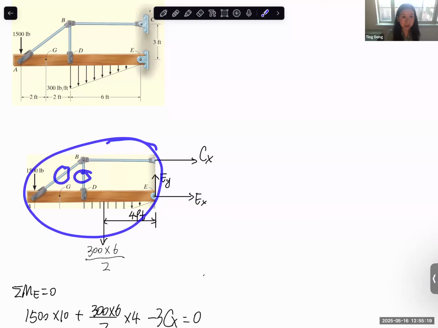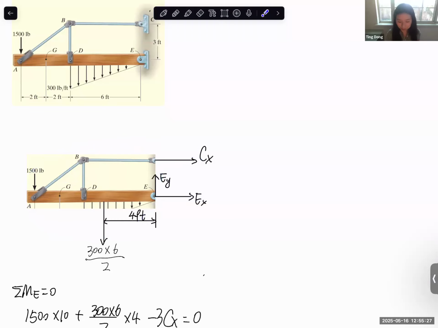The forces here are the internal forces. I originally wrote this one as FBC, but I changed it to Cx because I don't want you guys confused, like, why internal force here is considered, but here is not considered. It's clearer to put it as a force applied by the wall or pin joint C to the CB section, even though they are the same magnitude.